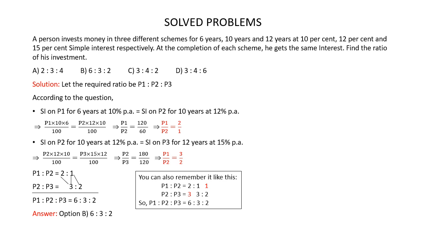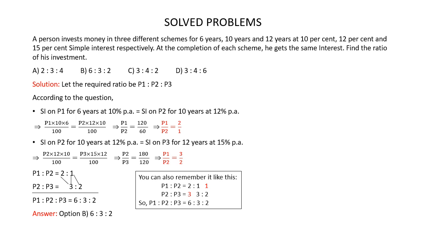So let's assume that the person has invested P1 for 6 years at 10% per annum rate of interest. He has invested P2 for 10 years at 12% per annum simple interest, and he has invested P3 for 12 years at 15% per annum simple interest.